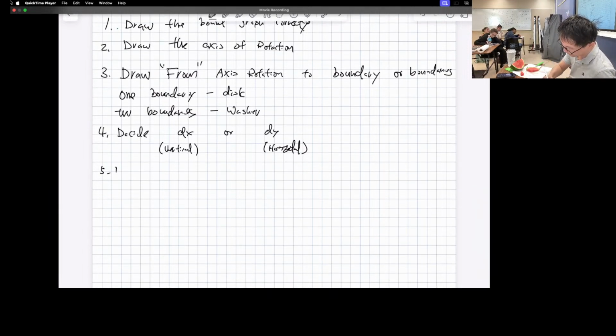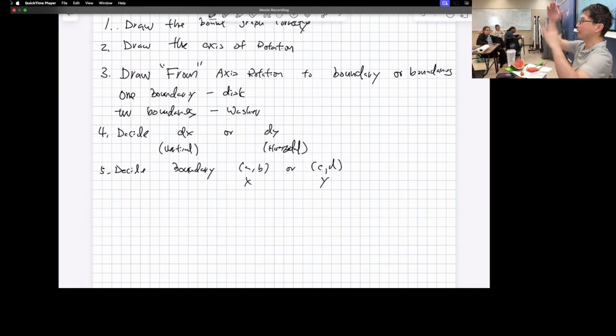Next, decide the boundaries, which is either A to B or C to D. This is the x orientation, this is the y orientation. y is from here to here or from here to here.